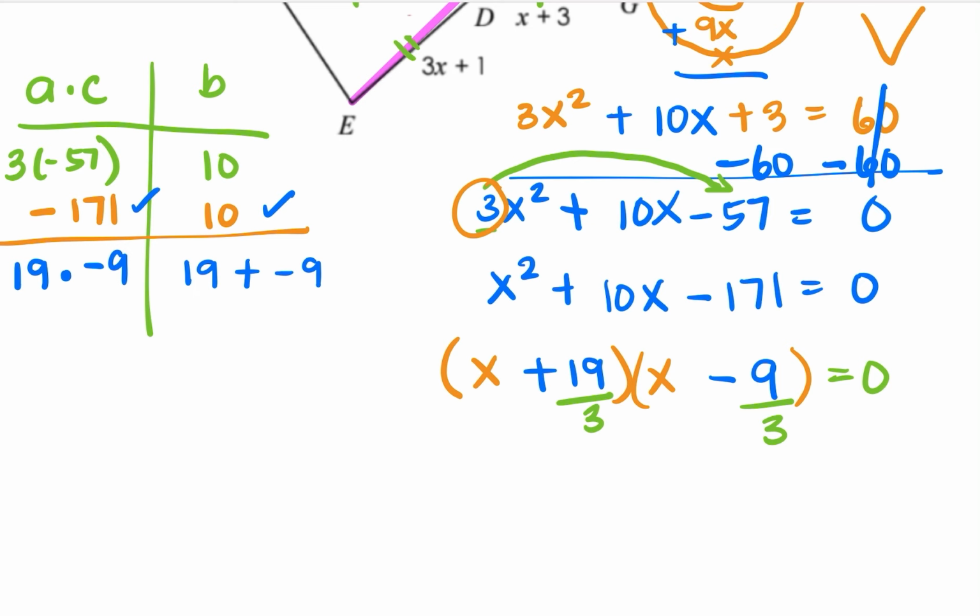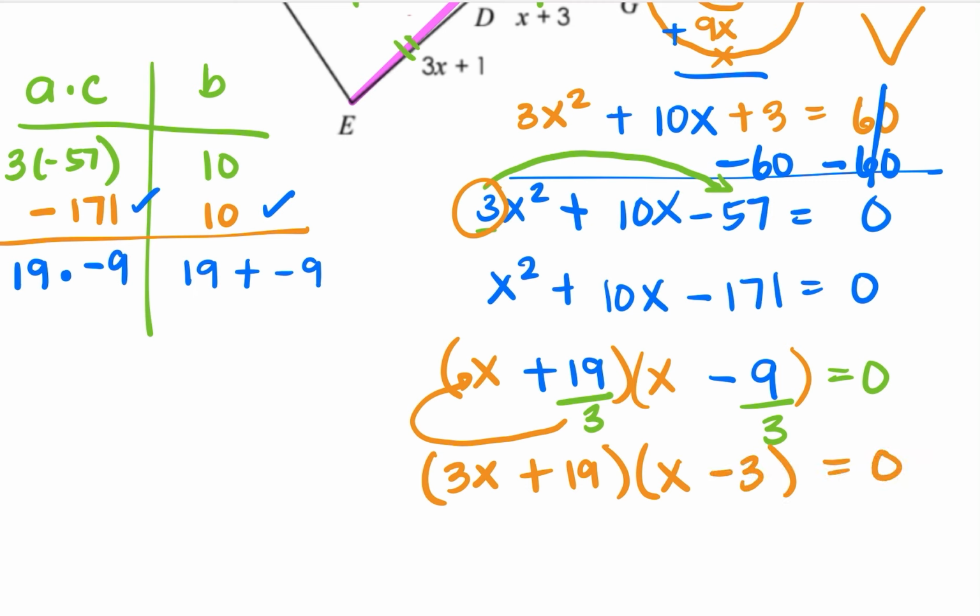If it can't be simplified, we're going to slide the value of a beside the variable x. Looking at the first factor, 19 over 3, 19 can't be divided evenly by 3, so I'm going to slide the 3 beside x. That will turn out to be 3x plus 19. And the other factor, negative 9 divided by 3, is equal to negative 3, which can be simplified.